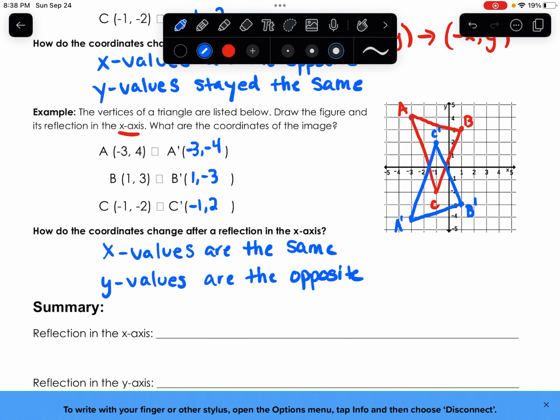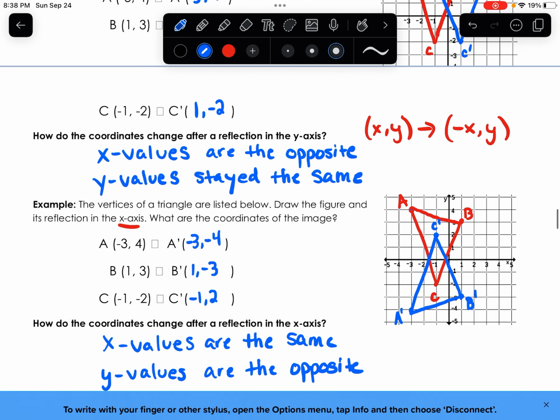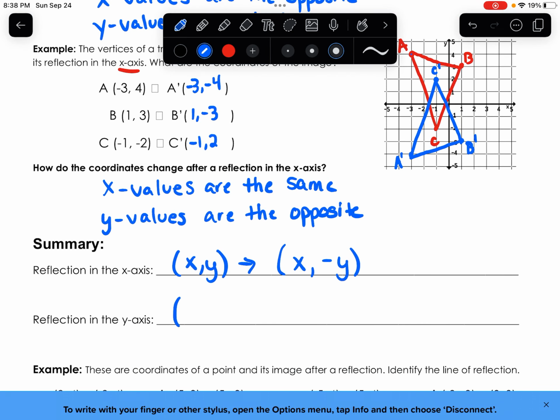Okay, so this time our rule, xy moved to, x stayed the same and y was the opposite. I'm going to go ahead and copy our rule above from when we reflected across y, xy was the opposite of x, and y stayed the same.